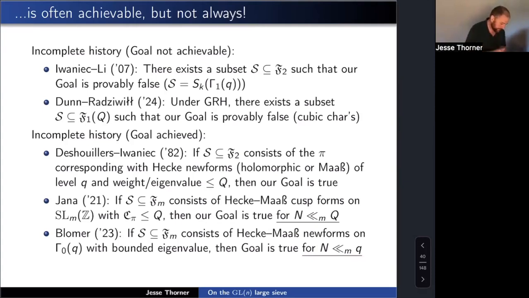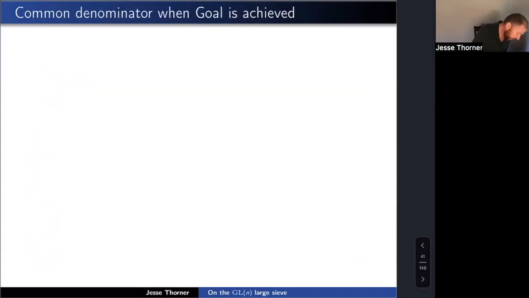There's a lot of work on this in the past, a lot of ongoing work. I don't want to try to give a complete history. But there is a common denominator amongst all of these results that I would like to point out.